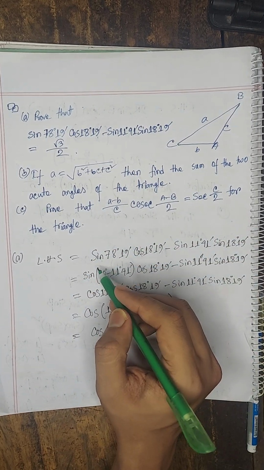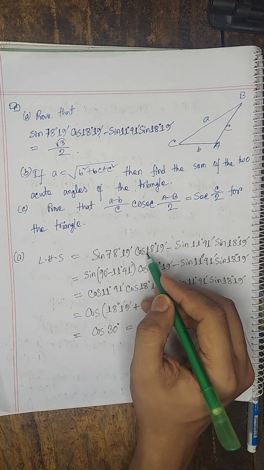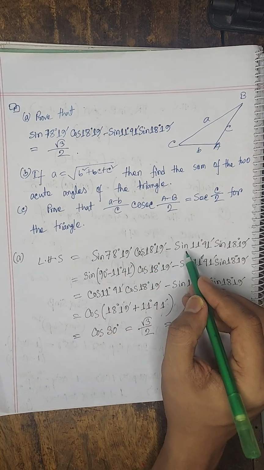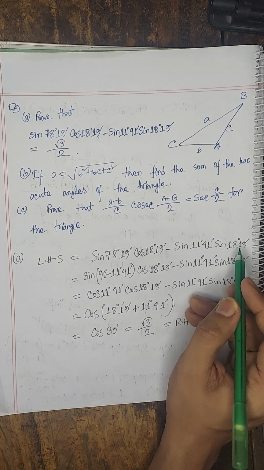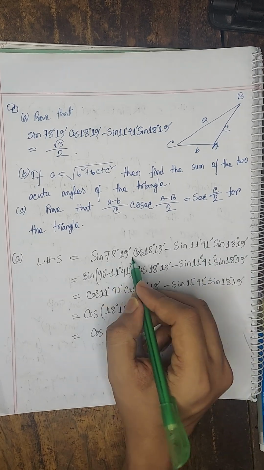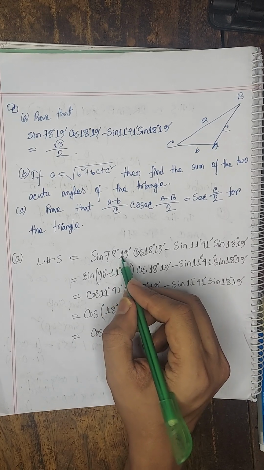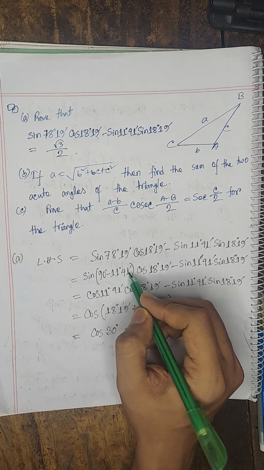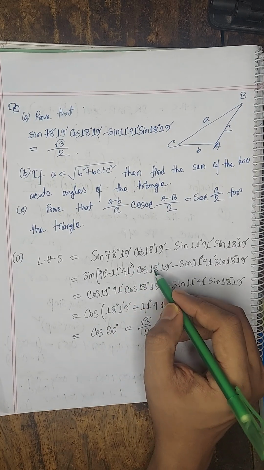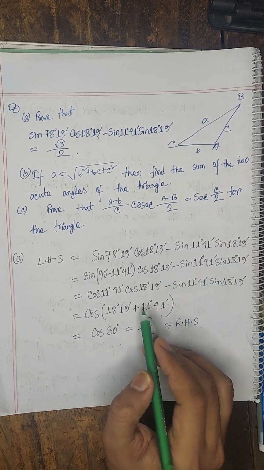Okay, now the left hand side: sin 78 degree 19 minutes cos 18 degree 19 minutes minus sin 1 degree 41 minutes sin 80 degree 19 minutes. Then we can convert this into 90 degree minus 11 degree 41 minutes, then cos 18 degree 19 minutes remains the same, and this expression also remains the same.